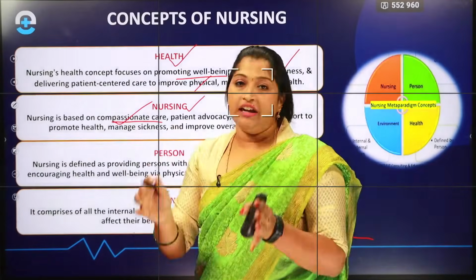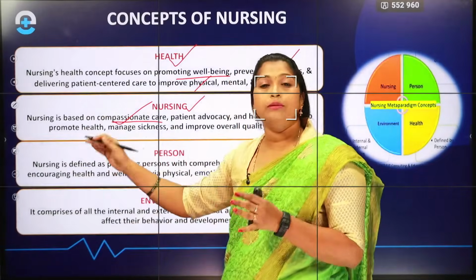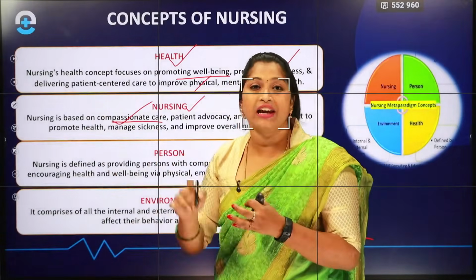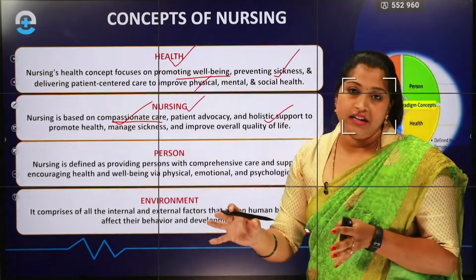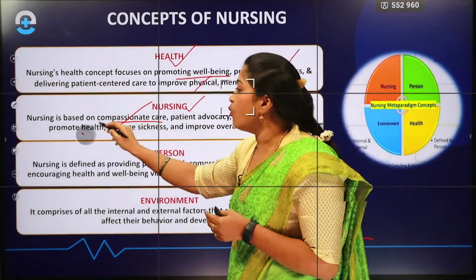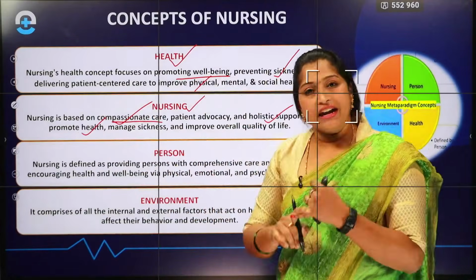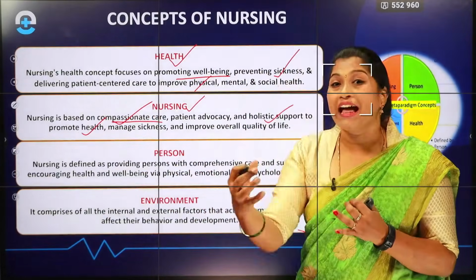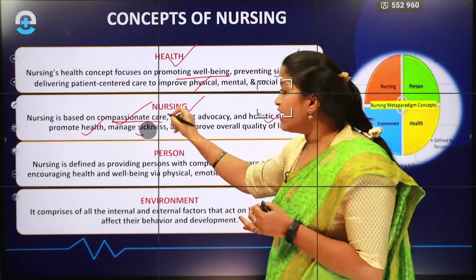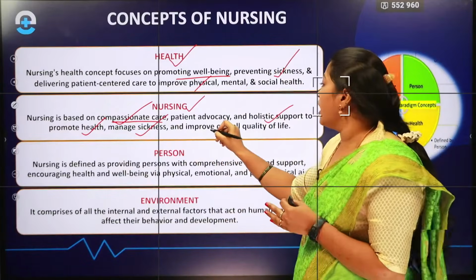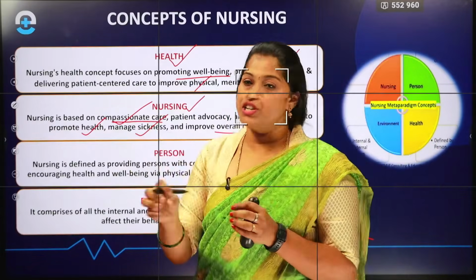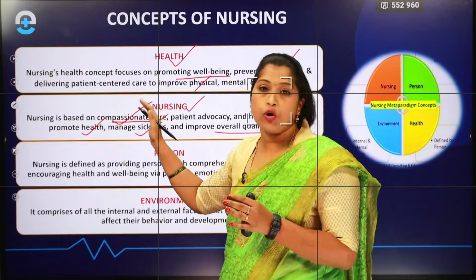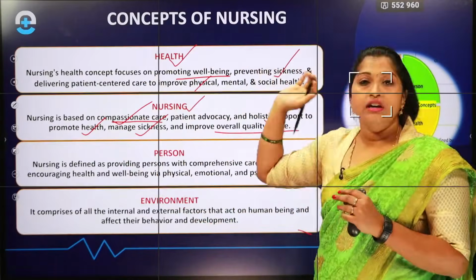So overall care, not only the physical but also the mental, social and economic status, all this kind of issues we are discussing. And next is promoting the health. We are improving the health of the patient, managing the sickness and improving the overall quality of life of the patient. This is the nursing concept of our nursing.